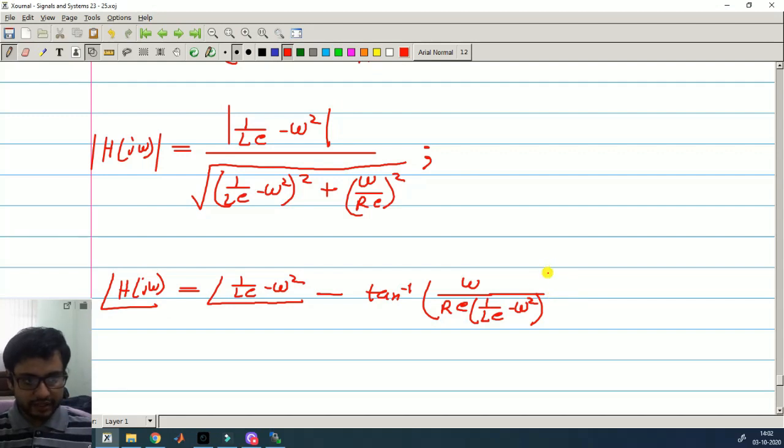Please check my calculation. Now you can put different values of omega starting from 0 to infinity and minus infinity, get this angle and this magnitude for different values of omega and plot them as a graph.